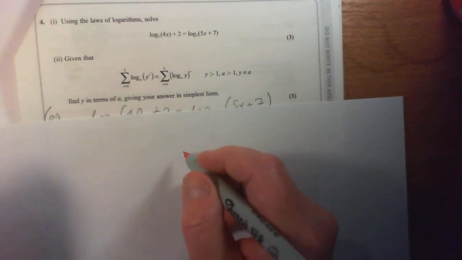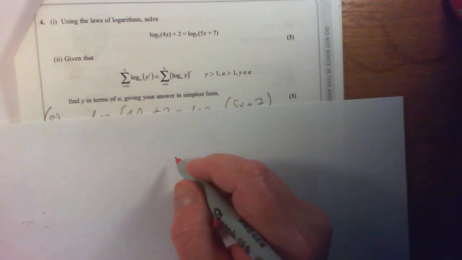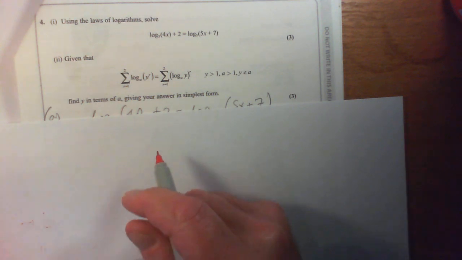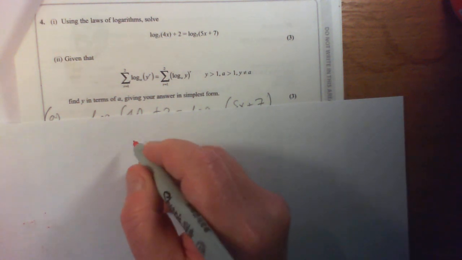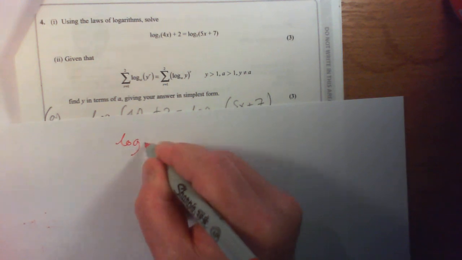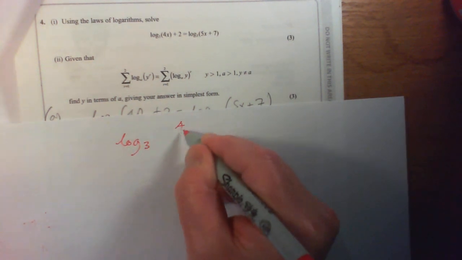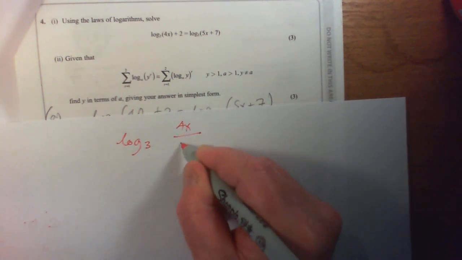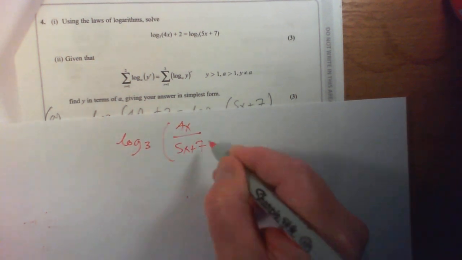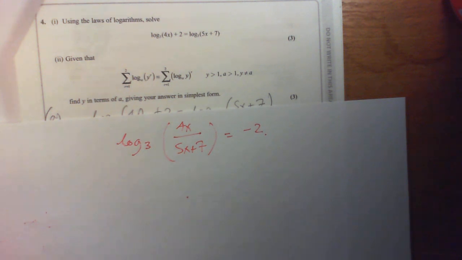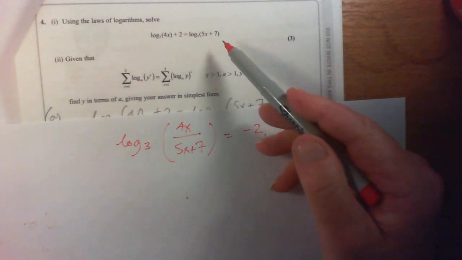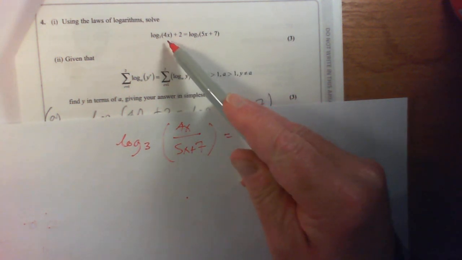So my recommendation is that you just send all the log terms onto one side and then all the numbers onto the other. So for example here I would have log₃ of 4x over 5x plus 7 equals minus 2. I've sent that over to the other side, so it becomes log minus.